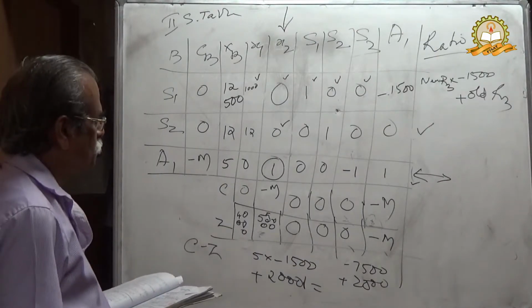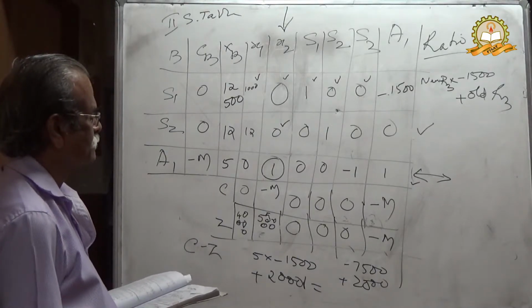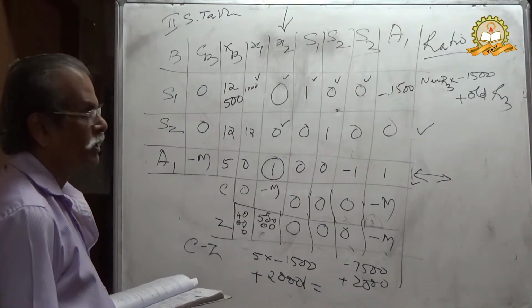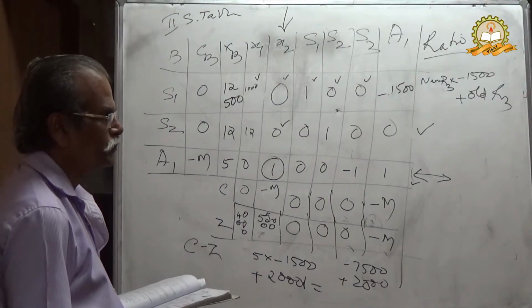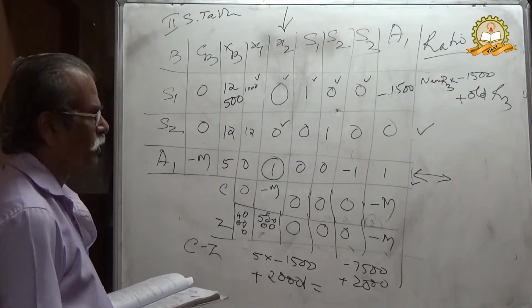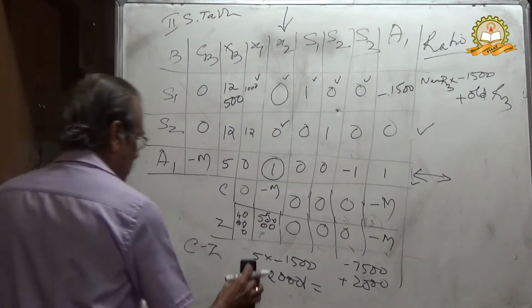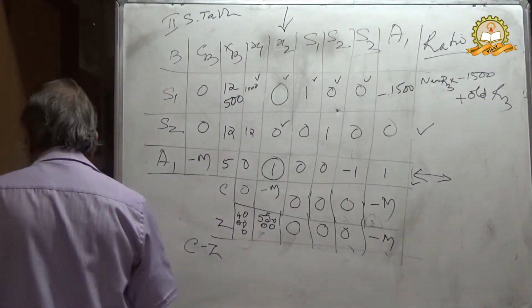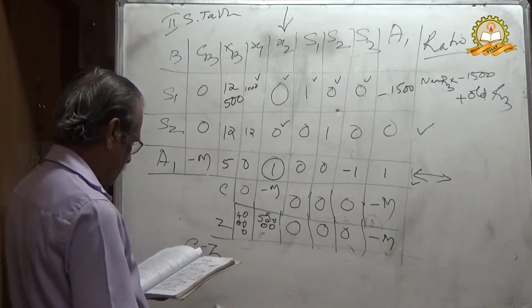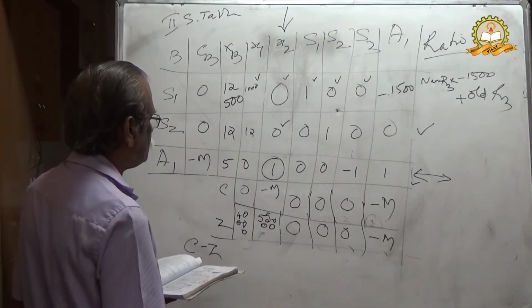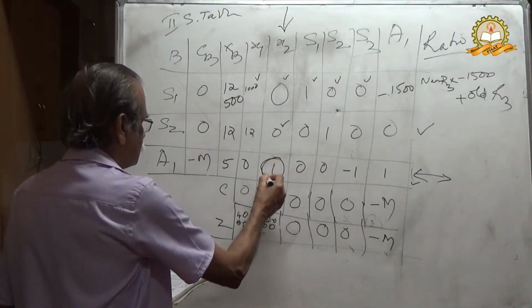Here we observe the new row R3, that is a key row, and a key column, namely X2 column, intersect under this point.